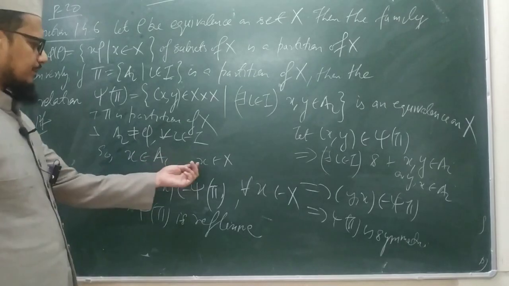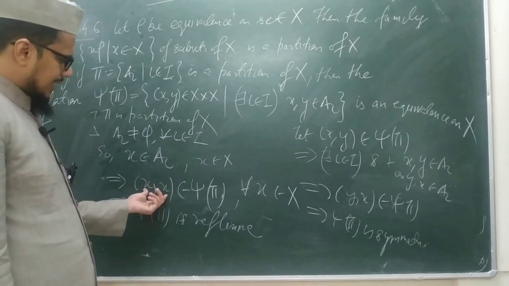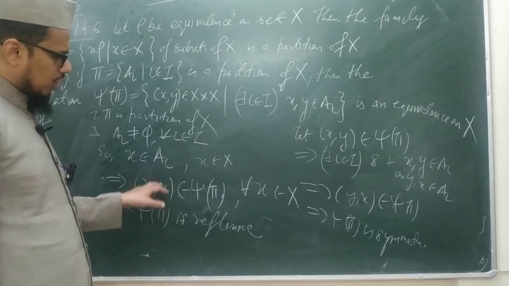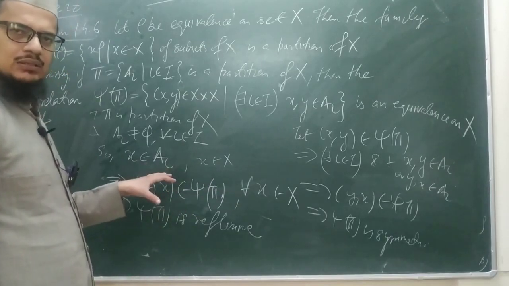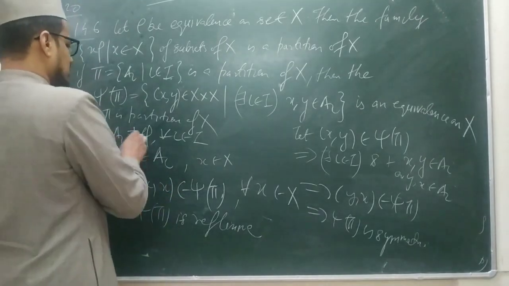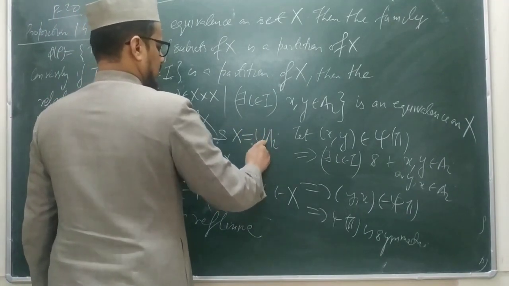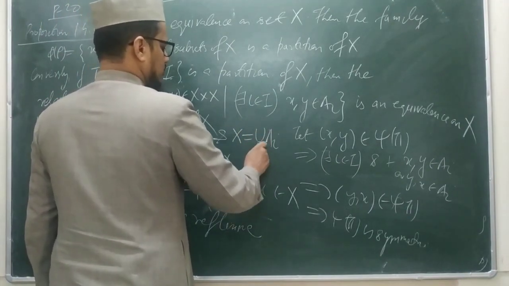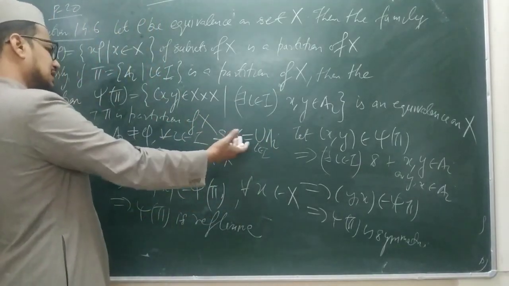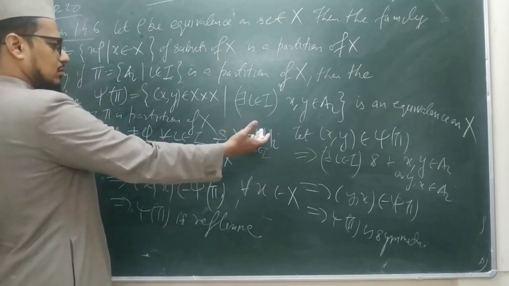One thing I would like to clarify here: to prove psi pi is reflexive, (x, x) belongs to psi pi for every x belongs to X, we have to ensure that all x are covered here. Well, we know two things here, that ai is non-empty, and that X is equal to the union of ai, i belongs to I. So if you talk about any x belonging to X, x will go into some ai, isn't it?